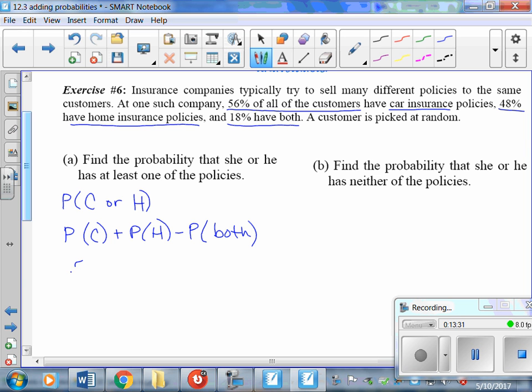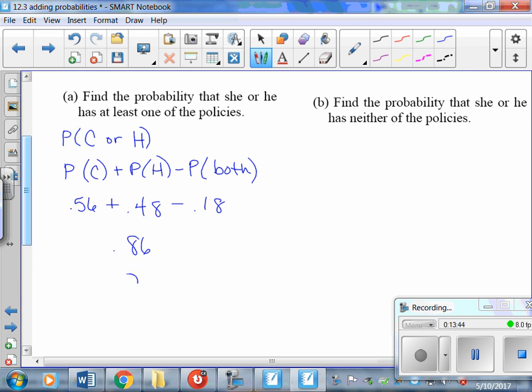So it's going to be 0.56 plus 0.48 minus 0.18, and we get an answer of 0.86. Since they gave it to us in percentages, we're going to give it back to them in a percentage. So I'm going to say 86% have at least one of these policies.